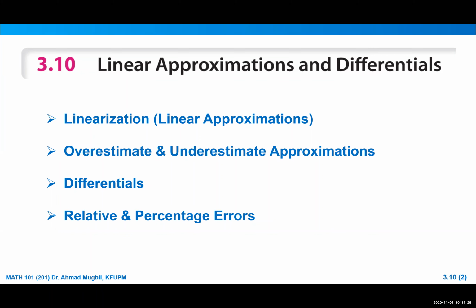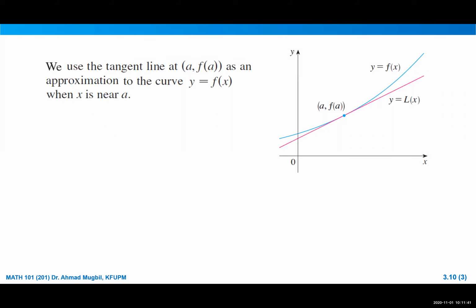So linear approximations make our life easier because you can represent complicated functions as linear functions, approximately, of course. What are the reasons behind the need of approximating functions by linear functions? Here we have a general function, f of x.